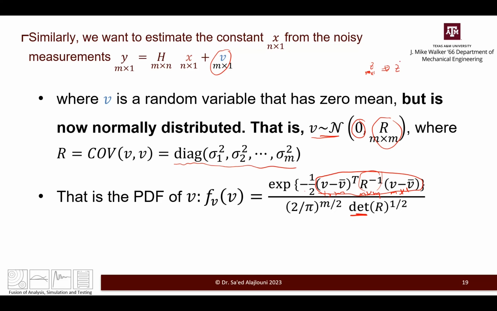You calculate Z times Z transpose, and then you get this matrix. Then you calculate the determinant of it. What do you think the answer would be? It's singular. It's going to be 0.